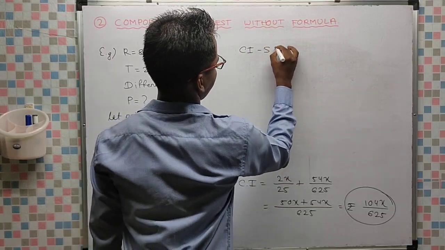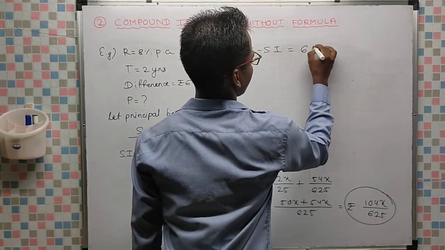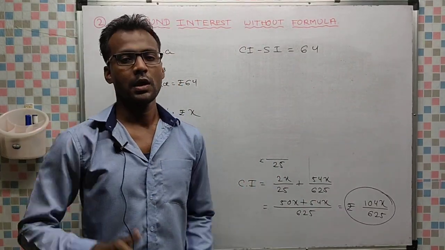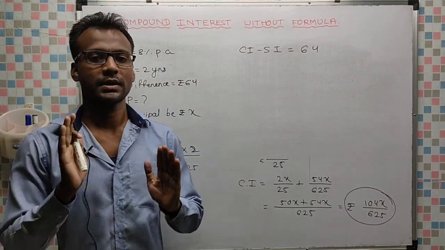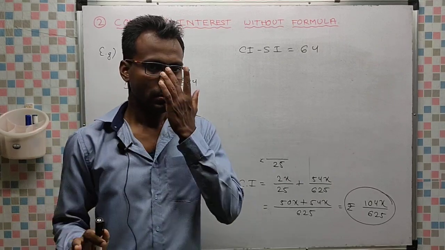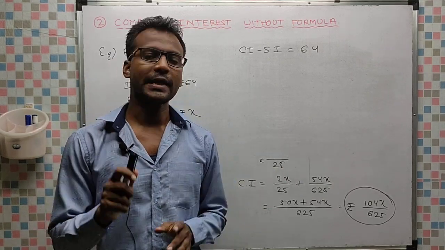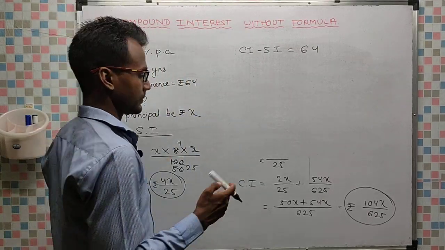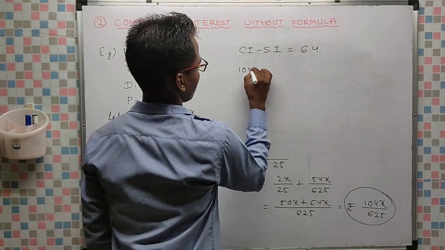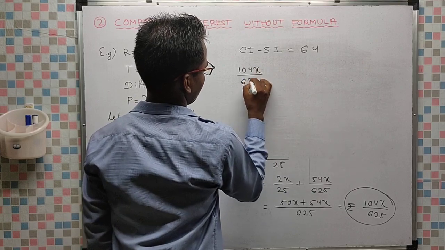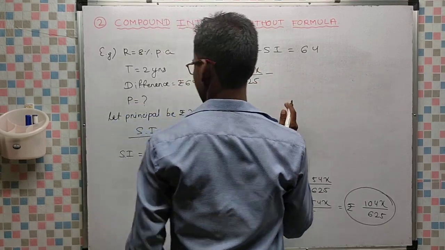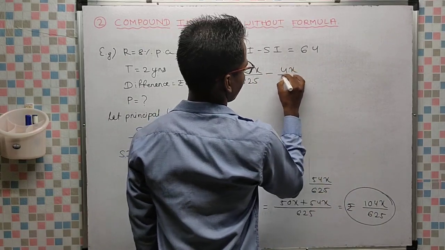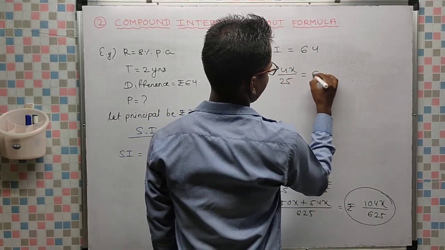CI minus SI is equal to 64. Remember this, always CI is greater than SI. For the first conversion period, CI and SI are the same, but after that CI is always greater than SI. So 104x by 625 minus 4x by 25 is equal to 64.